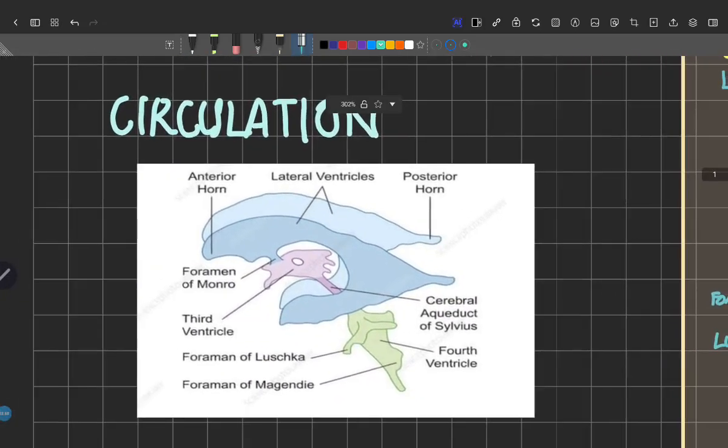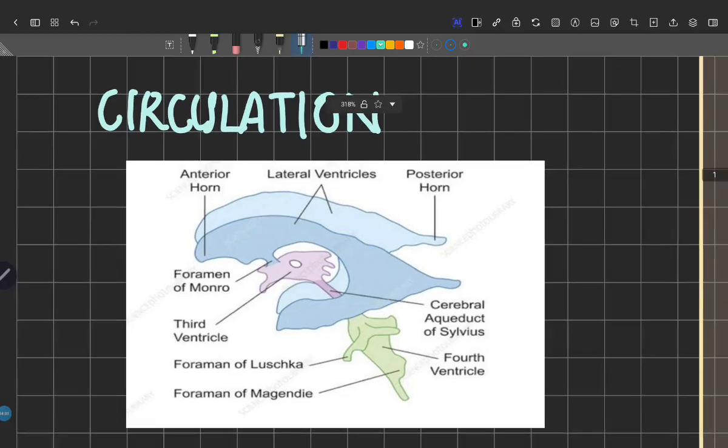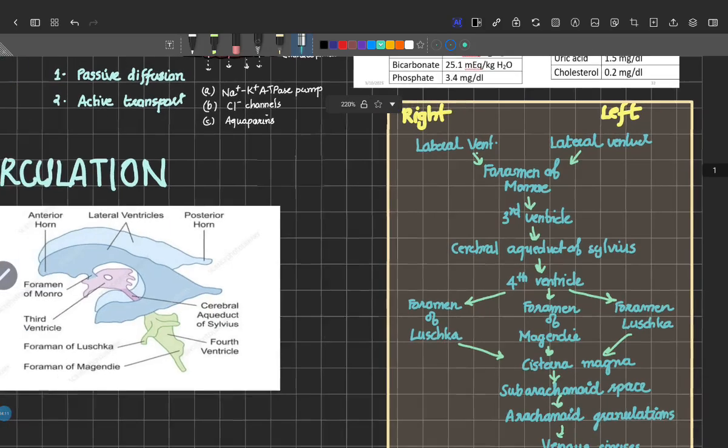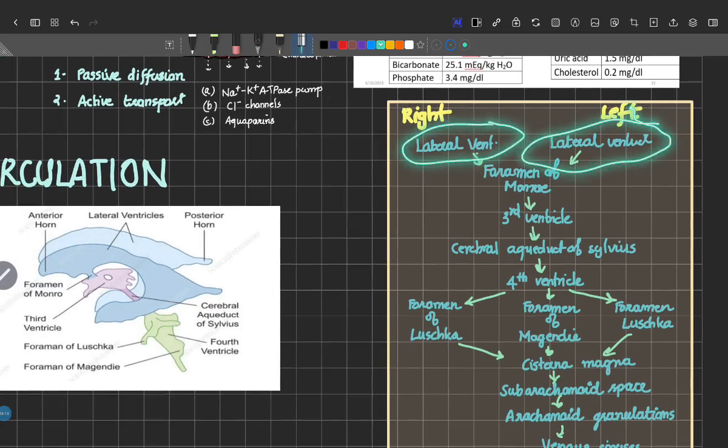Now circulation is the most important part of today's video. You have to remember the functional anatomy which was discussed before. So circulation starts from the lateral ventricles. Why? I've mentioned that the lateral ventricles are a major site of production of CSF through the choroid plexus, right?